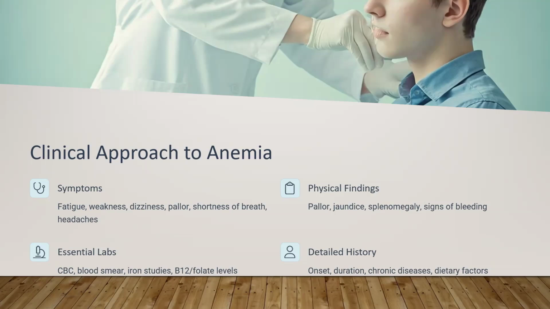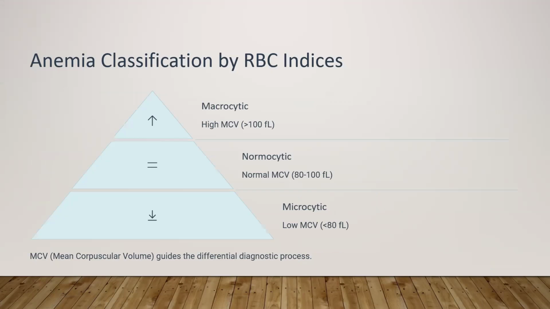And of course, we need to do our lab investigations, especially CBC, peripheral blood smear, iron studies, and B12 and folate levels. Anemia can be classified according to the MCV, mean corpuscular volume.